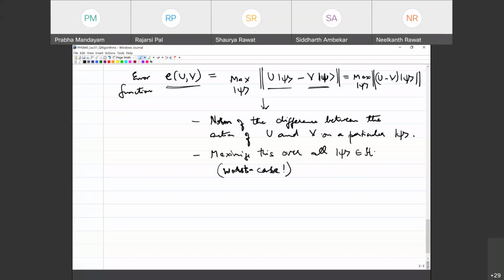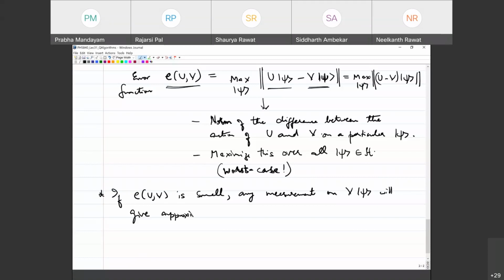So the statement will be that if this error function is small, then any measurement on V psi will give approximately the same statistics as a measurement on U psi.